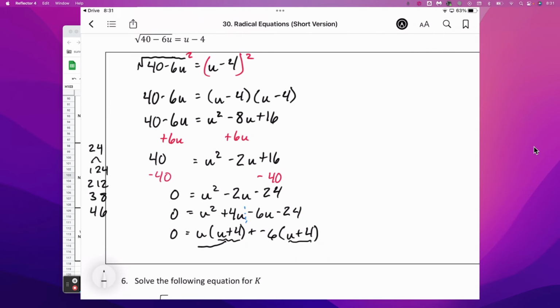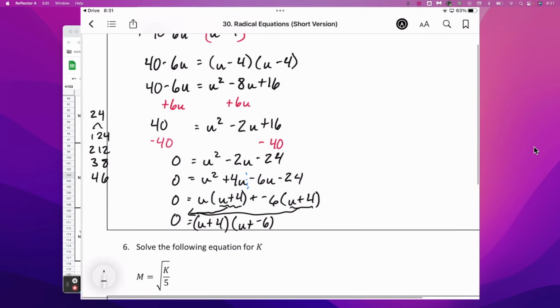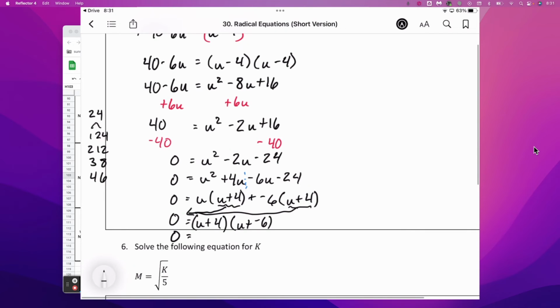Both of those will pull out. u plus 4 times u plus negative 6. If we clean up those signs, we get 0 is equal to u plus 4 times u minus 6.